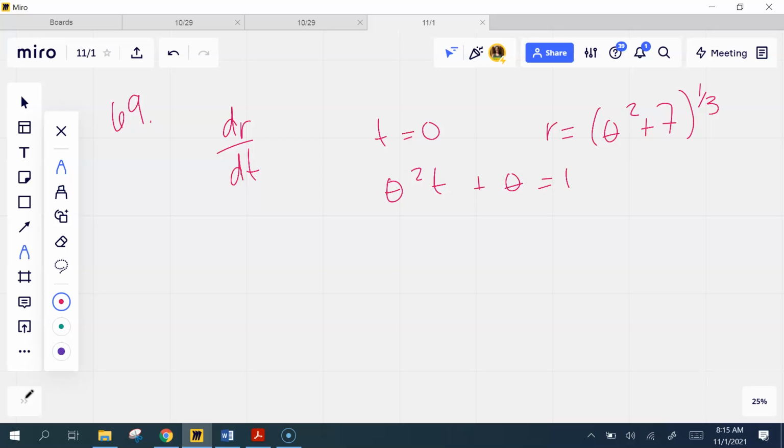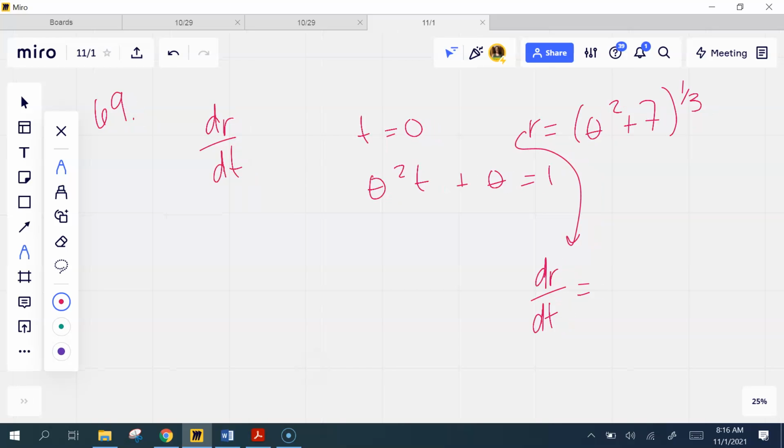All right. I would probably do dr dt. But I'm going to have to take into account that I have another variable in here, right?